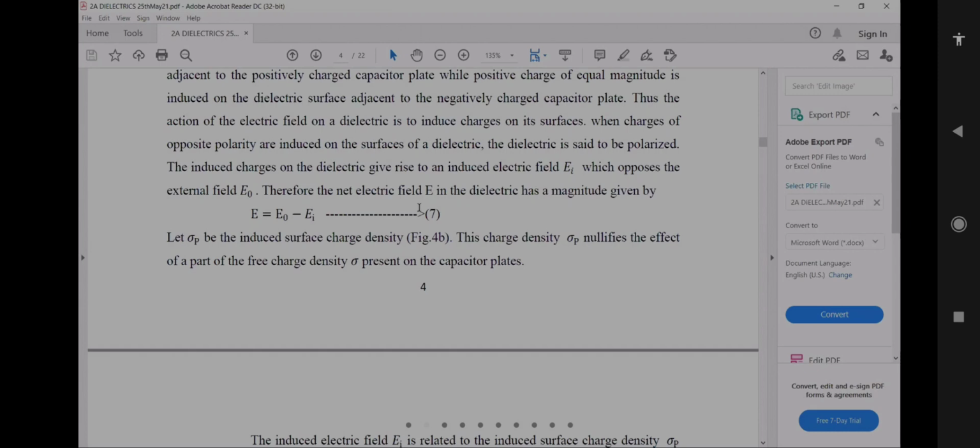Therefore, the net electric field E in the dielectric has a magnitude given by E is equal to E naught minus E_I. Let sigma P be the induced surface charge density. This charge density sigma P nullifies the effect of a part of the free charge density sigma present on the capacitor plates.